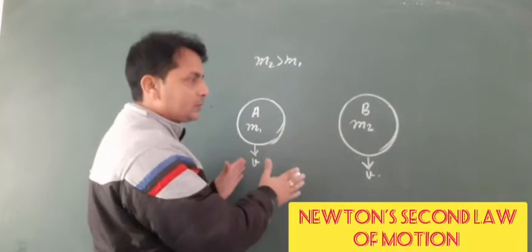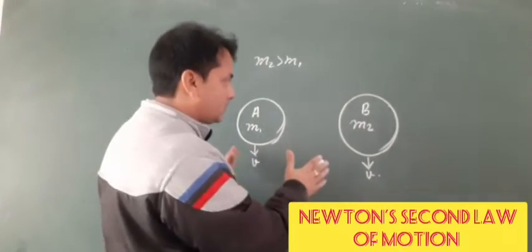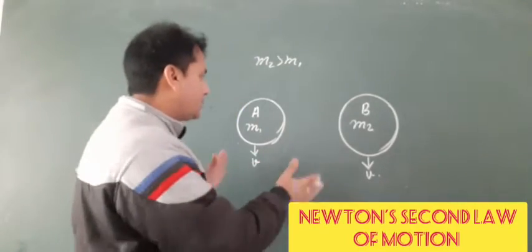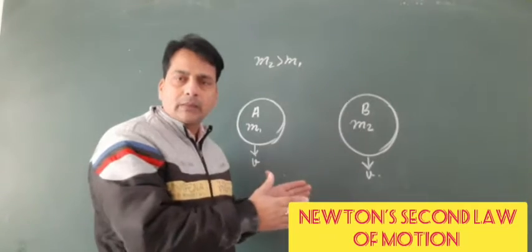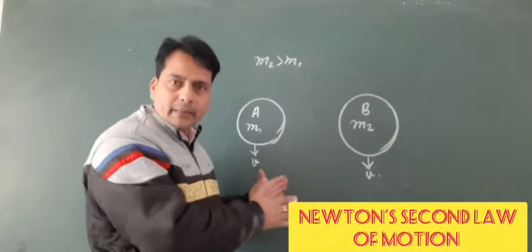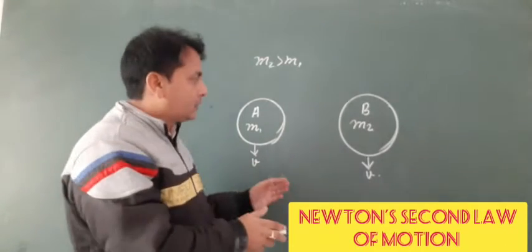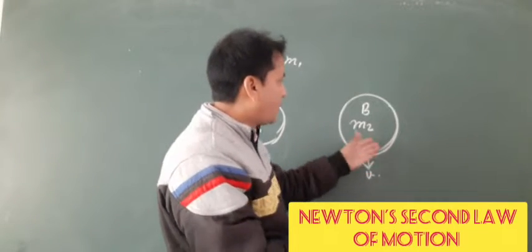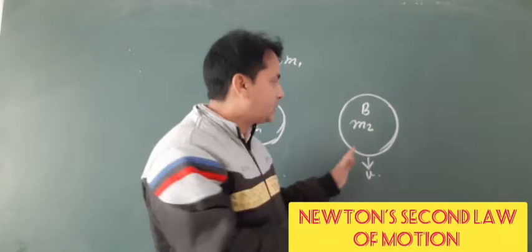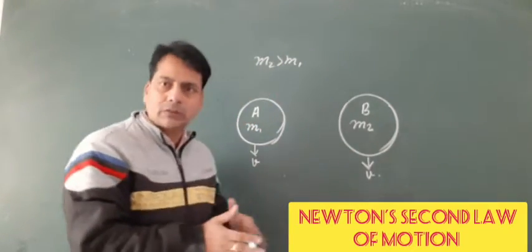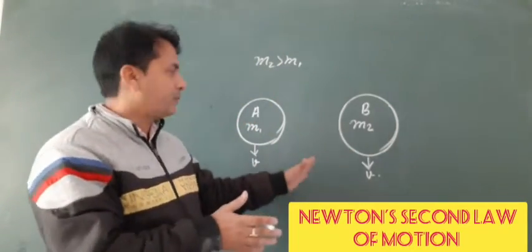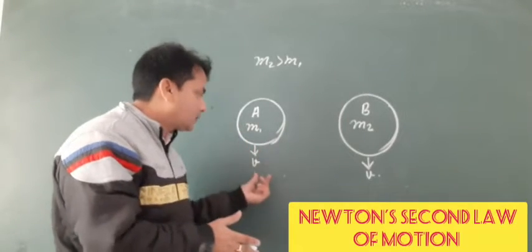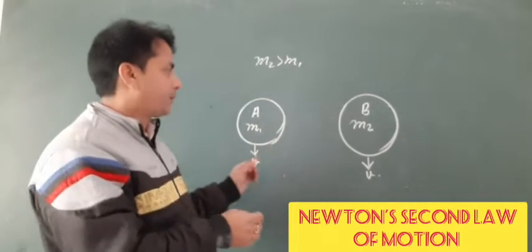To stop both objects, the force required is different. Object B, having greater mass, requires more force to stop than object A.